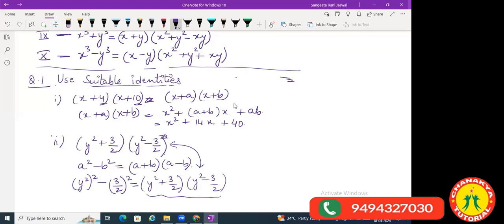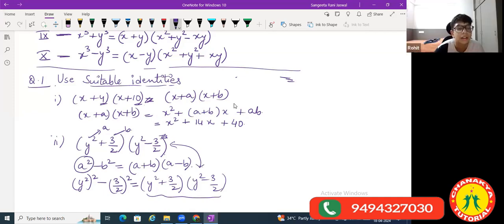When we split it, we get a plus b into a minus b. This is a, this is b here. But when we are writing a square here, in this part a is y square. So we need to write a square, no? So we'll write y square, the whole square. Got it?